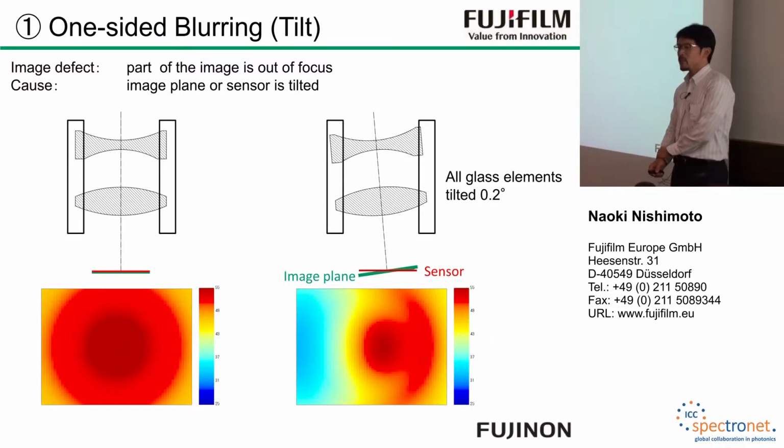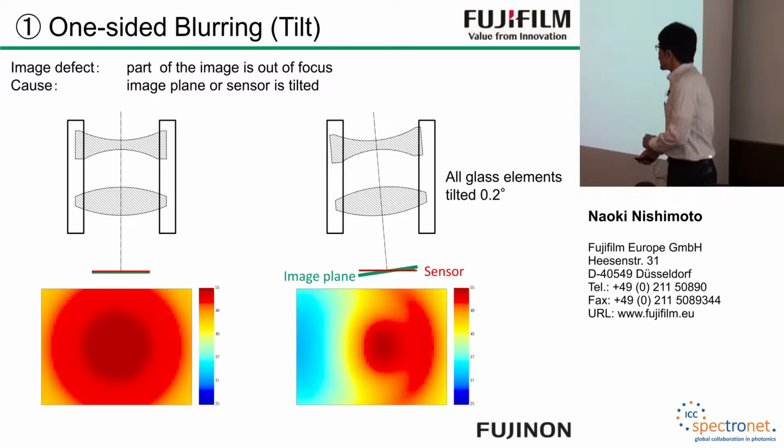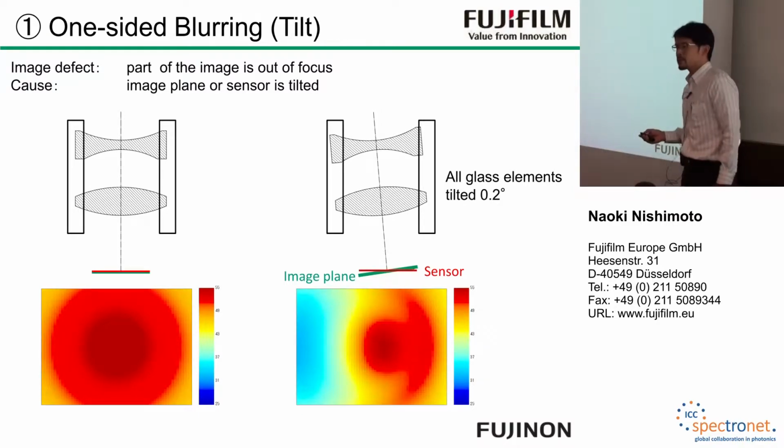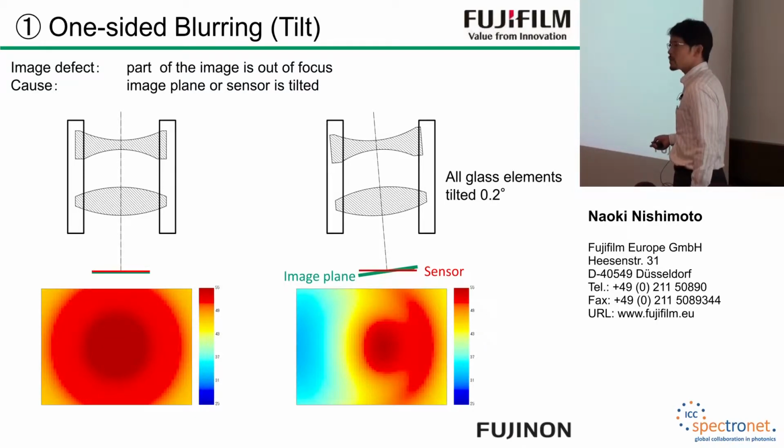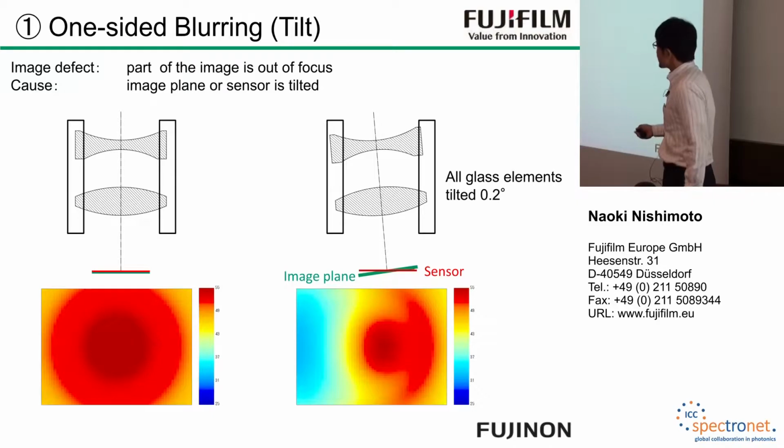First one is one-sided blurring. And first of all, I'd like to explain this image. This is a resolution map in color. Red shows high resolution and blue shows low resolution. In this case, resolution is symmetric and has a very beautiful round shape.